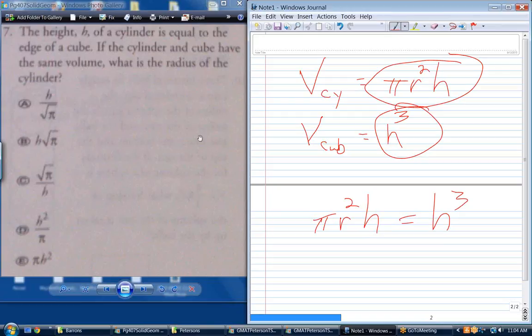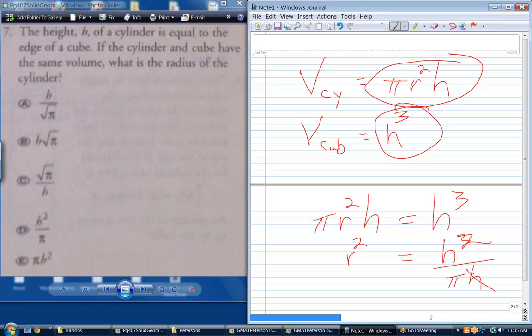And now, what is the radius of the cylinder? So we want to solve this equation for r. You put h on the other side, divided by h. Now simplify.